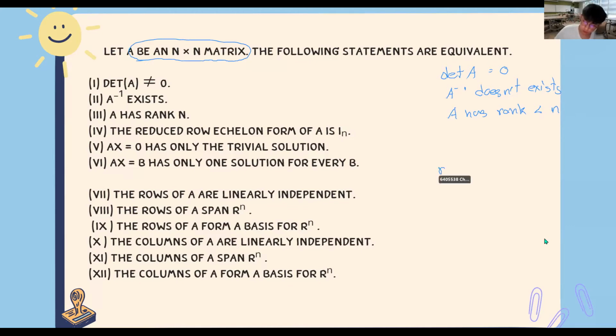And the rows and columns are not linearly independent, and do not span R to the n, and are not a basis for R to the n too. And Ax equal to b can have more than one solution or no solution.